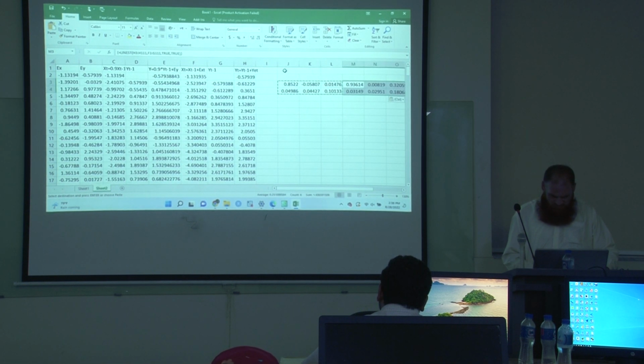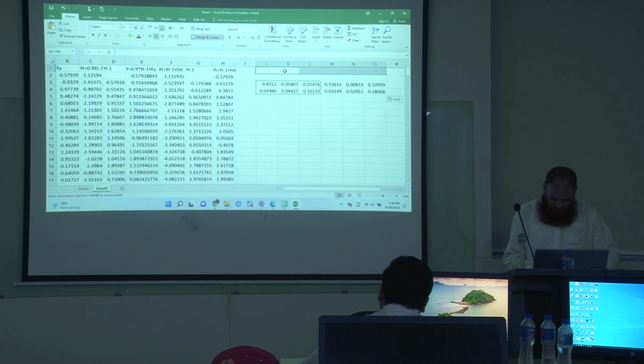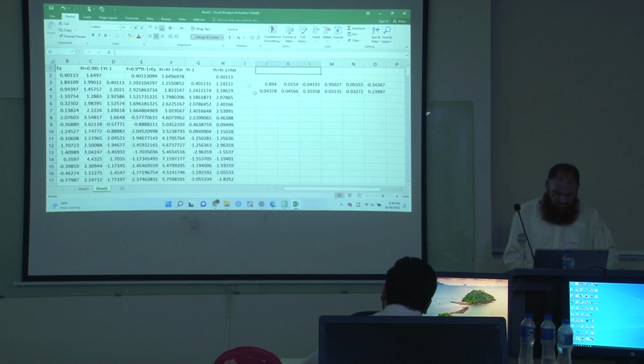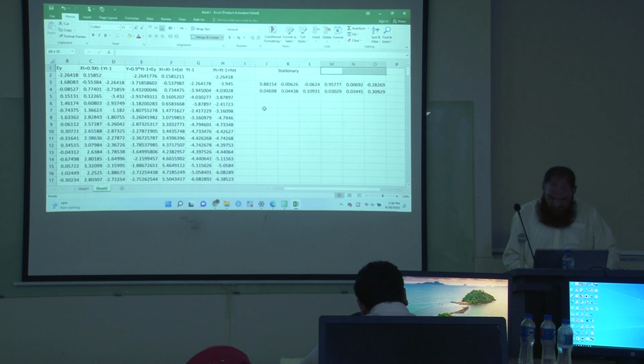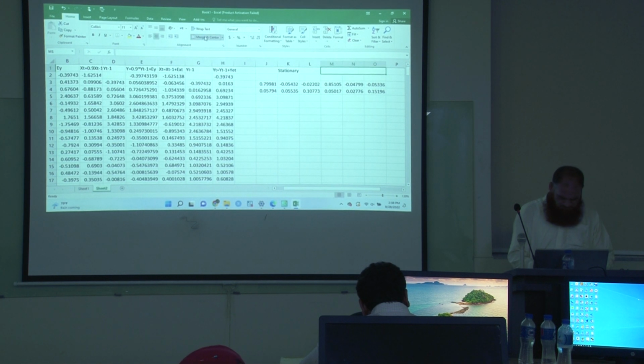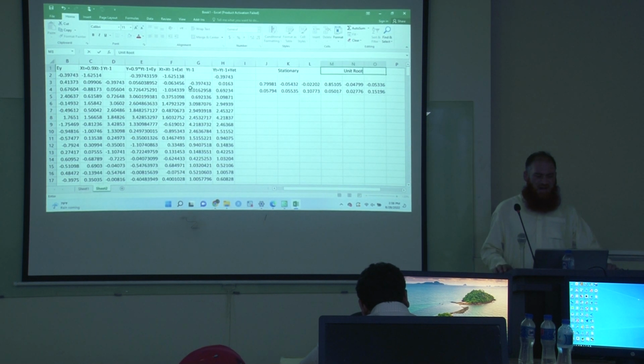These three results are coming from the stationary series, and the next three results are coming from unit root series. Look, I have the regressor.